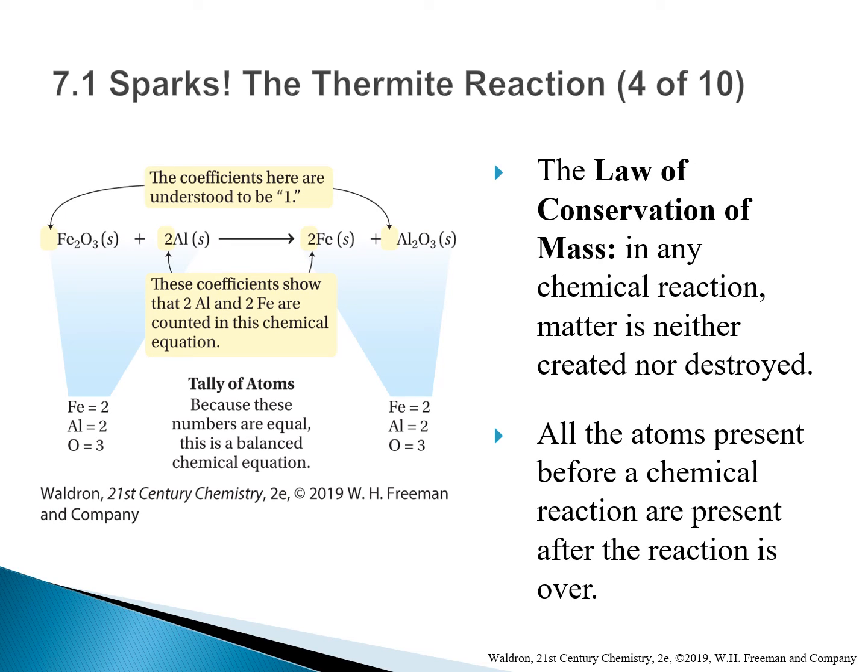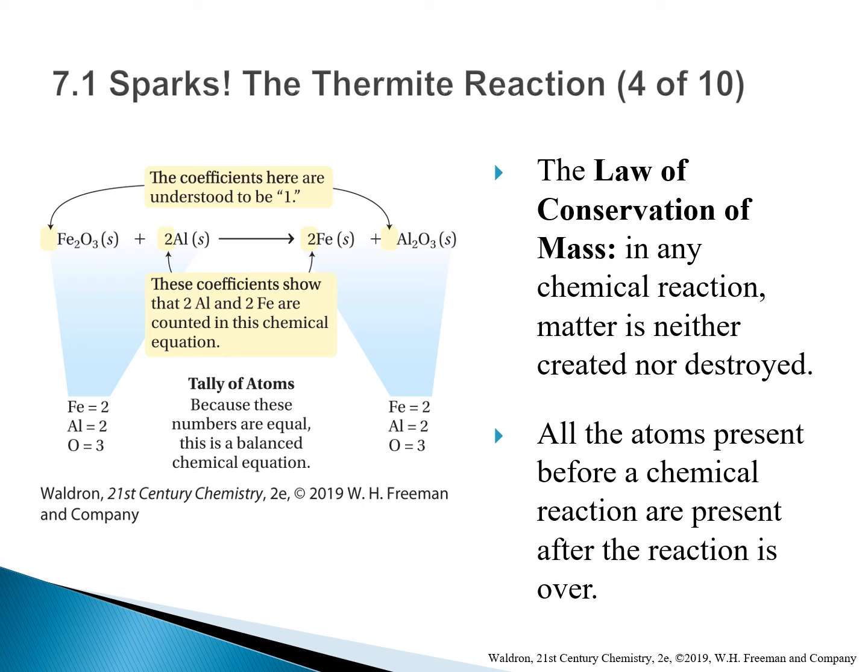The law of conservation of mass states, in any chemical reaction, matter is neither created nor destroyed. This law requires equal numbers of each atom on the 2 sides of any correctly written chemical equation, because we can't create new atoms and we can't destroy atoms in a chemical reaction.